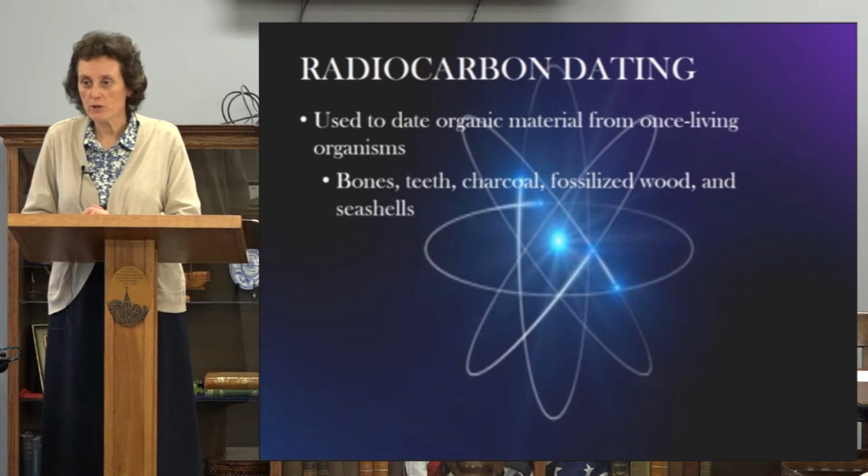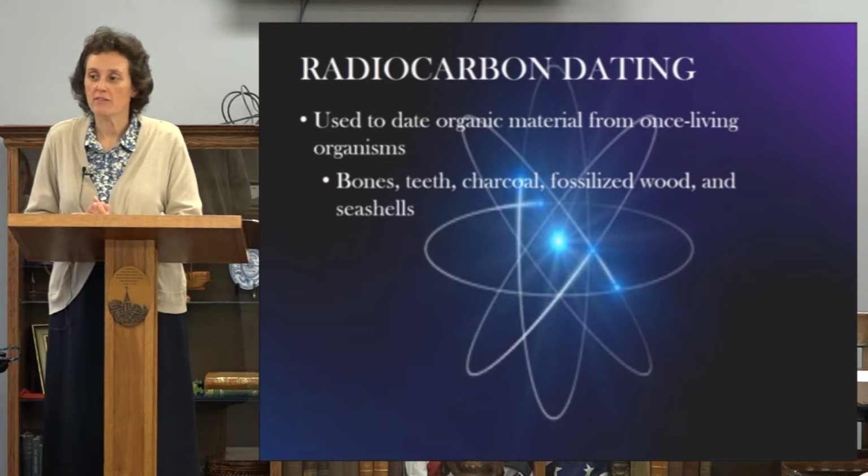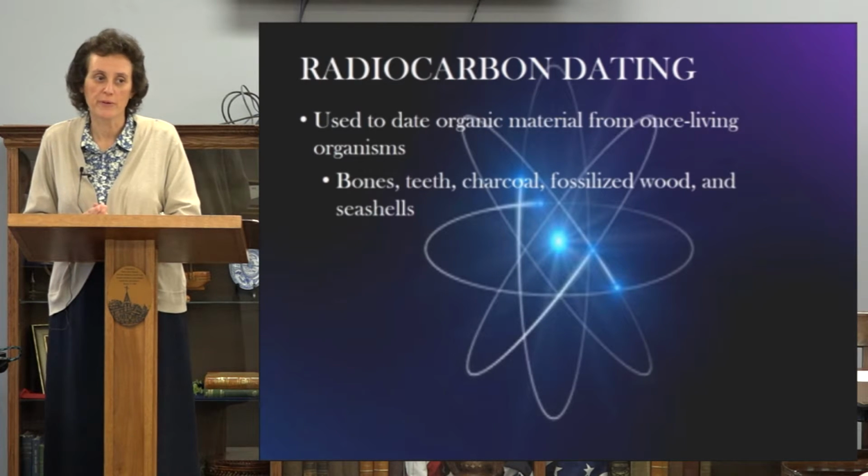And primarily, we're going to be dating wood, bones, and teeth with carbon-14 dating. We've also found fossil remains that still have part of the bone marrow inside of them that has not completely decayed and disappeared. We would be dating that with carbon-14.